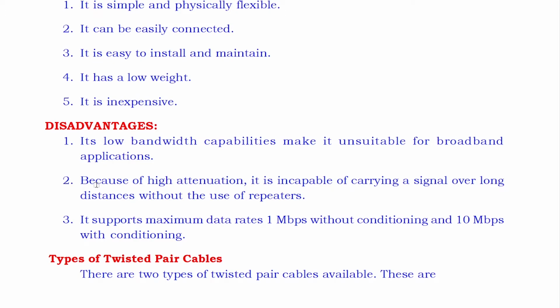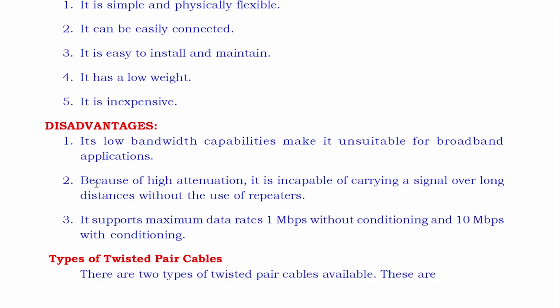It is incapable of carrying a signal over a longer distance without the use of repeaters. Because of the resistance offered by the cable, the data loses strength and may not travel for a longer distance, so we have to use amplifiers, that is, repeaters. Additional cost and an additional device are needed. So that is a disadvantage of this type of cable.